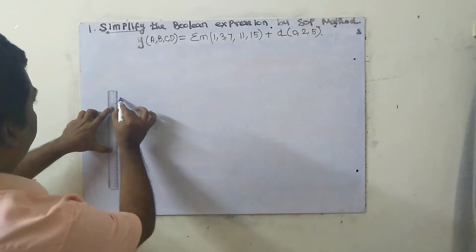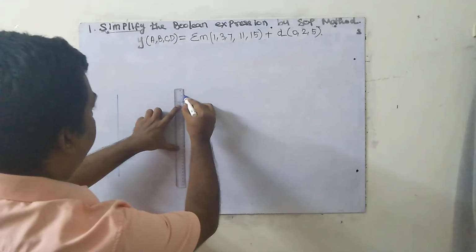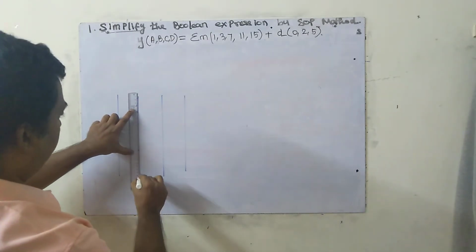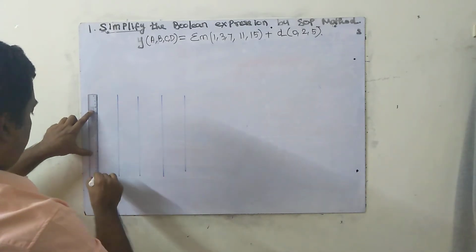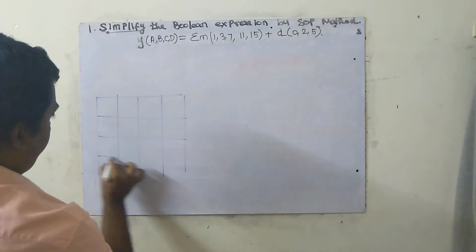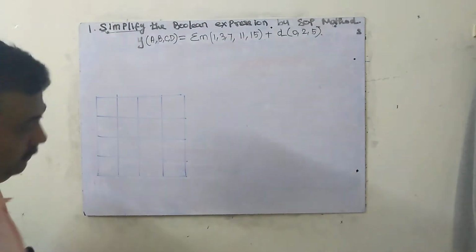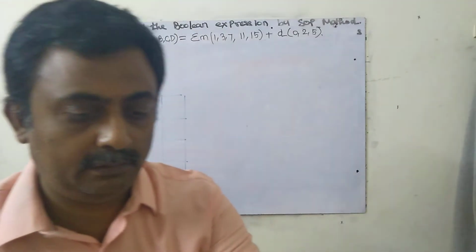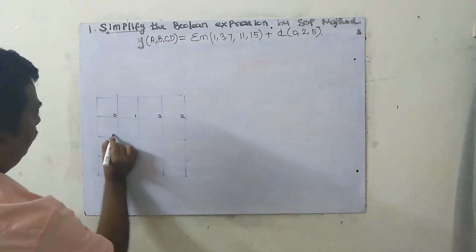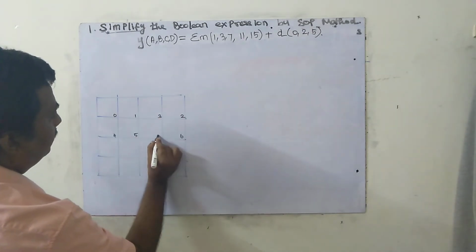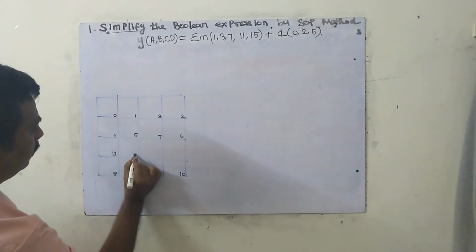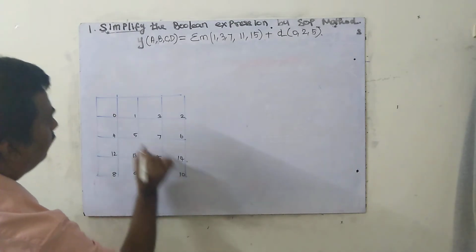From the examination point of view, these are not necessary. The scale is not necessary for making boxes. You can just draw these things. See, this is 0 1 2 3 4 5 6 7 8 9 10 11 12 13 14 15.